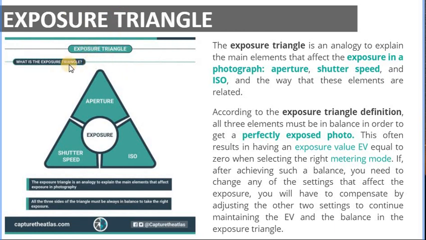So, that is what we call the exposure triangle. Ayan, the aperture, the shutter speed, and the ISO. The exposure triangle is an analogy to explain the main elements that affect exposure in photography. All the three sides of triangle must be always in balance to take the right exposure.